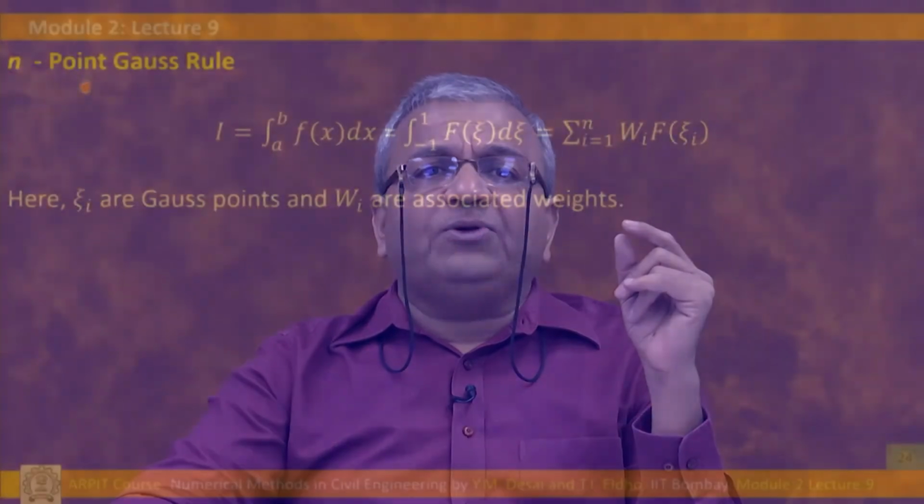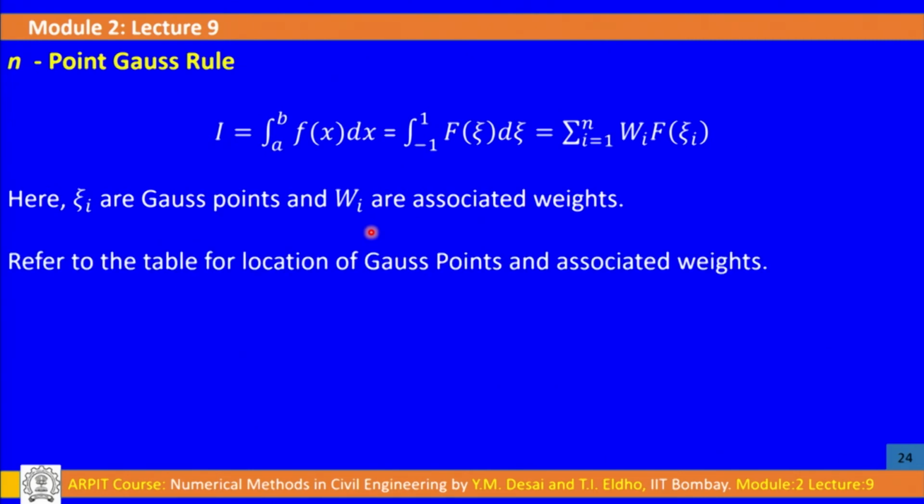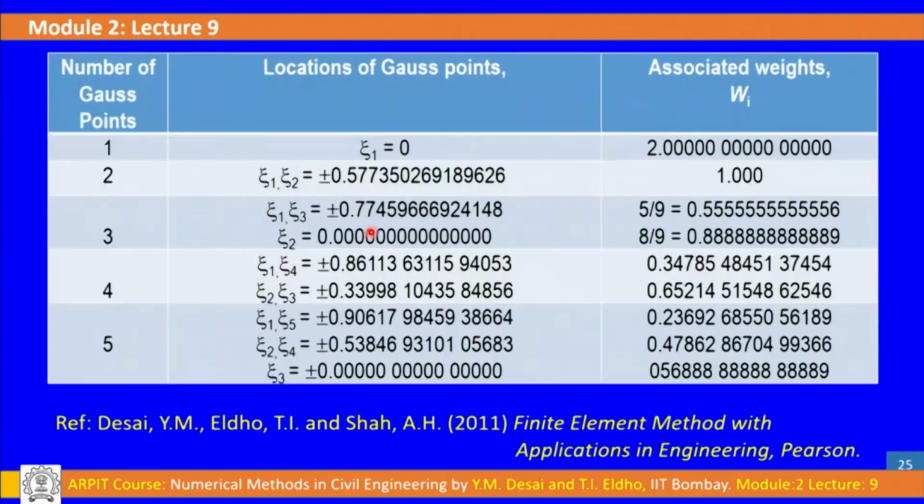If we talk about endpoint Gauss rules, we take endpoints in the domain from minus 1 to plus 1 and we work out the unique values of the Gauss points xi I and associated weights w I. We can then tabulate all these values and use them in our calculations. We have given this in tabular form, and this table has been taken from reference Desai Y.M., Eldho T.I., Shah A.H., that is our book on finite element method with applications in engineering.